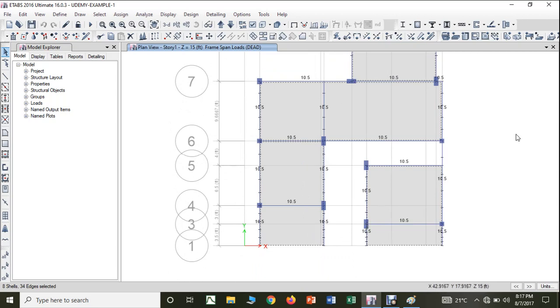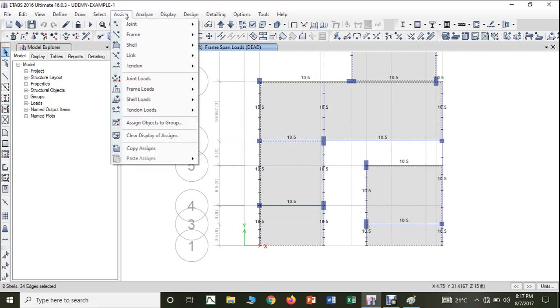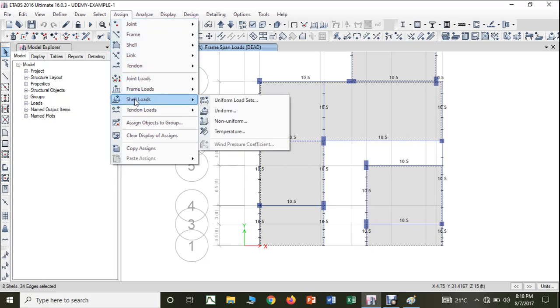Now you have to go to assign. In the previous lecture, when I wanted to apply the load on the beam, I went to frame load. But here I have to apply the load on the slab, therefore I have to go to shell load. When I go to shell load, you will again have the options: uniform load sets, uniform, non-uniform and temperature.